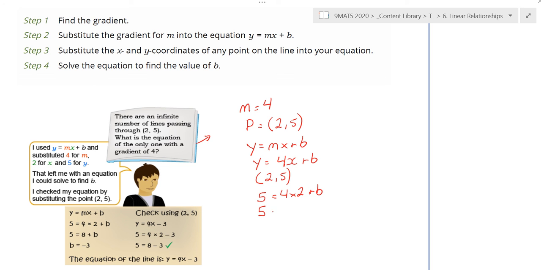That gives me 5 equals 8 plus b. Remembering what we need to do, we need to get b by itself. We want to subtract the 8, so we subtract it from both sides. Minus 3 equals b. So my formula, y equals 4x plus b, is y equals 4x minus 3.